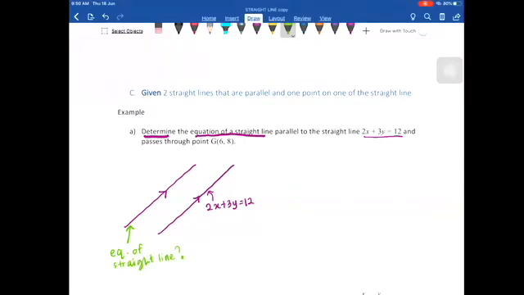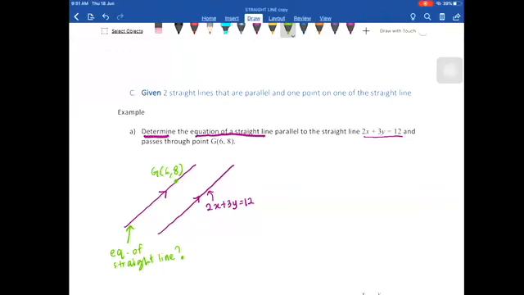Okay, dia tak nak yang lagi satu, dia nak yang sebelah ni, yang tak dapat lagi ni. Dan G 6, 8 ada dekat atas line yang kita nak cari. Okay, G bukan berada di atas line 2x plus 3y equals to 12. You have to be clear on this.